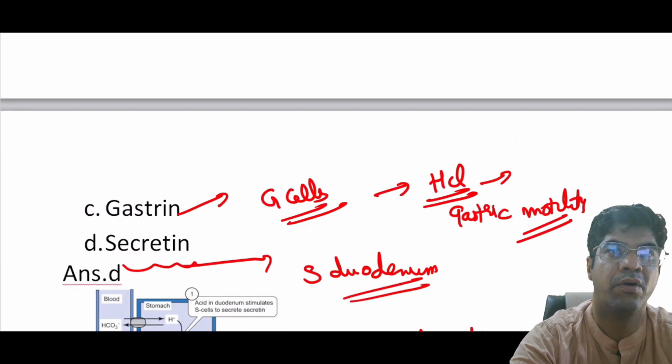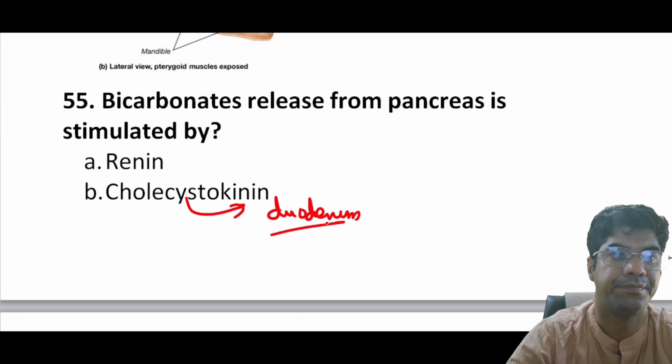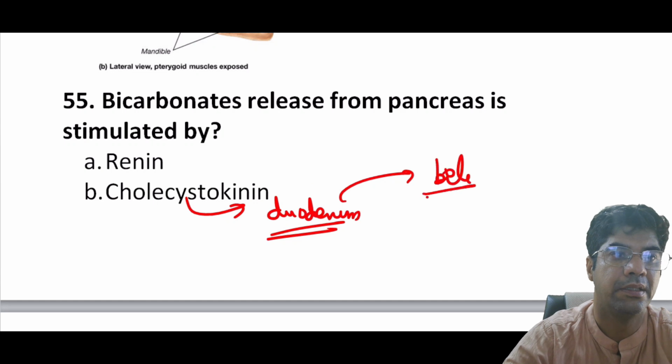Option B is cholecystokinin. Remember, it is a hormone secreted by the duodenum. So it stimulates the gallbladder to contract and release the bile. And it stimulates the pancreas to secrete digestive enzymes.